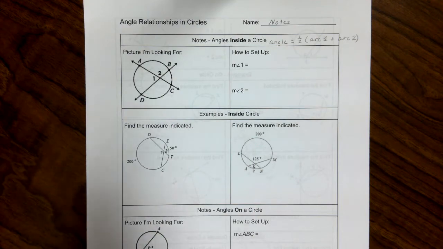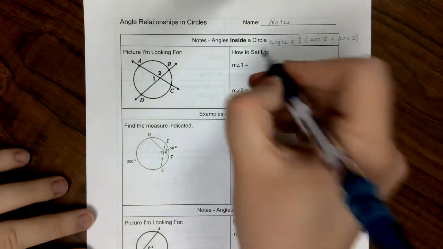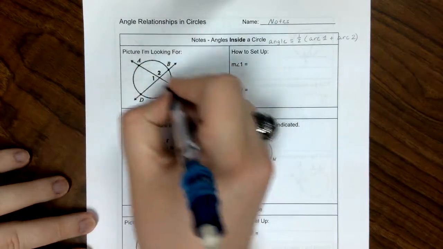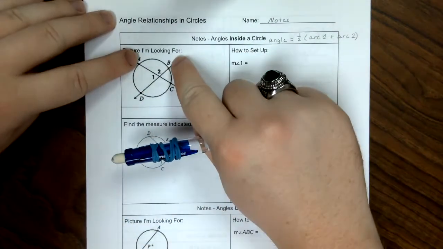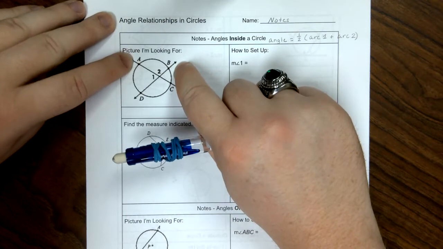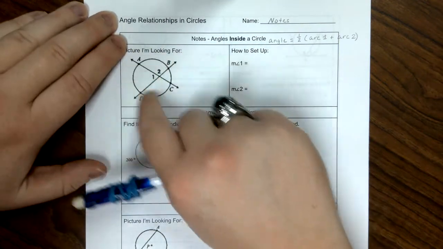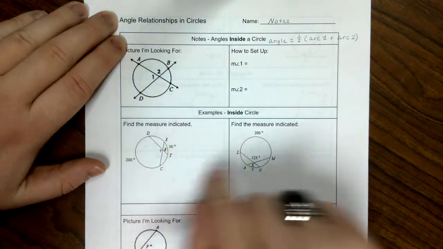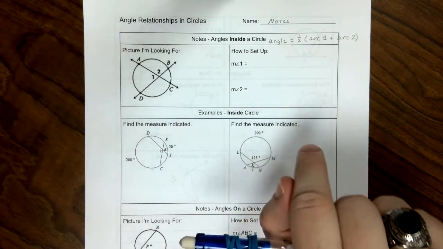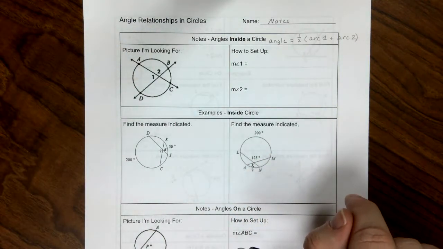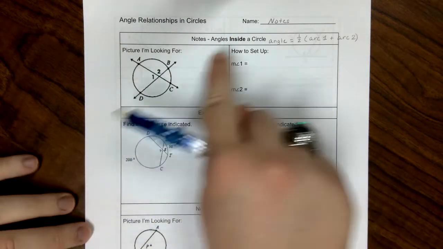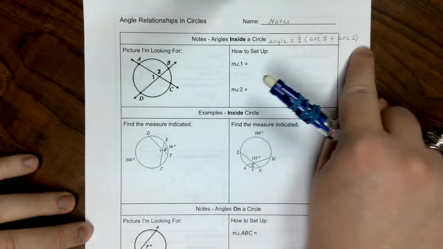The angle is 1/2 times arc 1 plus arc 2. In our picture here, this is what inside looks like. You won't necessarily have the little arrows outside, so you'll have a circle with an X shape inside of it, okay, and if you see that, then this is the one you're going to have to use.